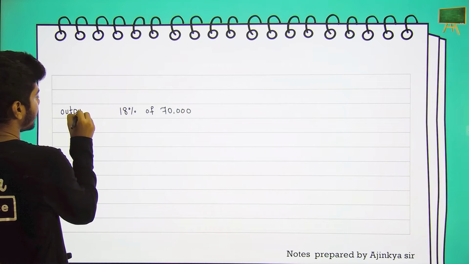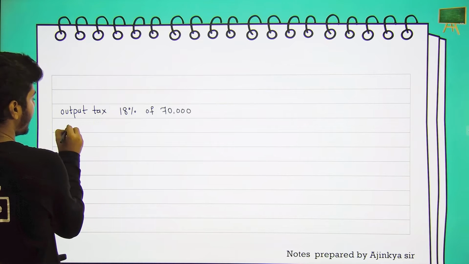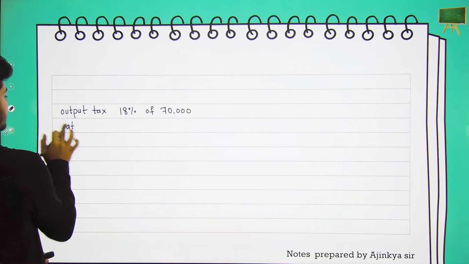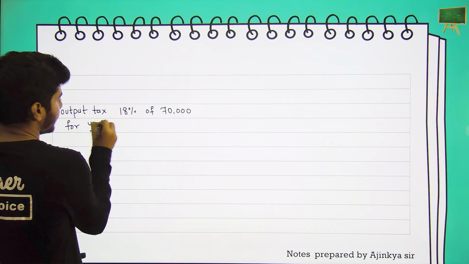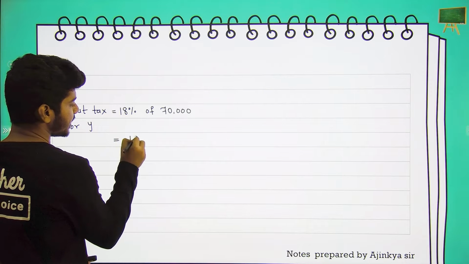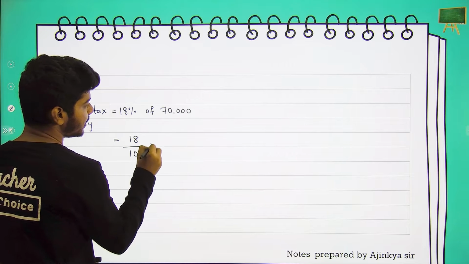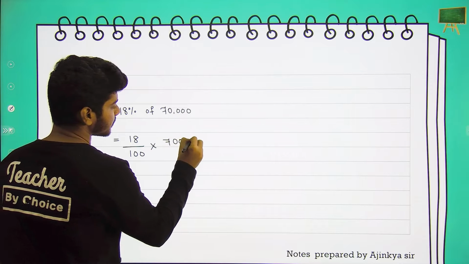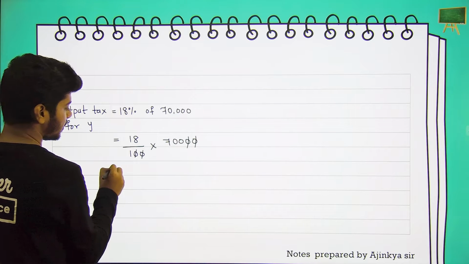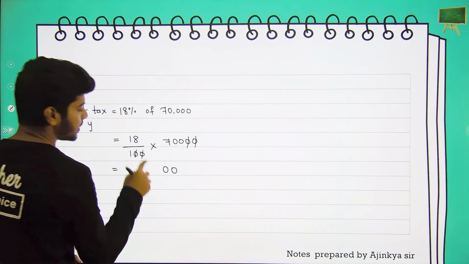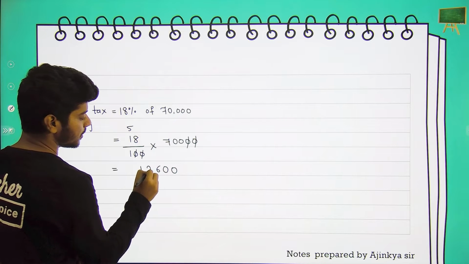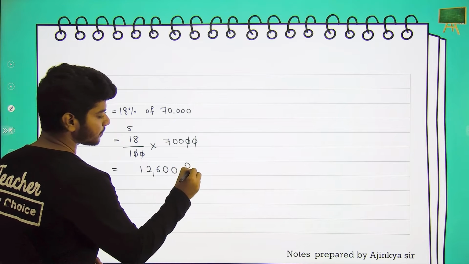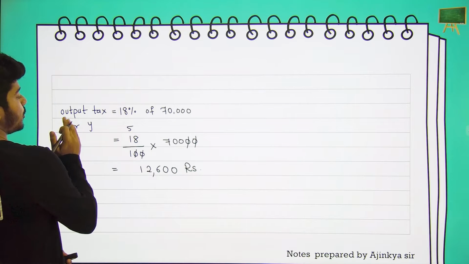We can say output tax for Y will be equal to 18% of 70,000, means 18 upon 100 into 70,000. Zeros cancel. 7 8s are 56, 5 carry, 7 1s are 7 plus 5, 12. So 12,600 rupees is your output tax for Y.